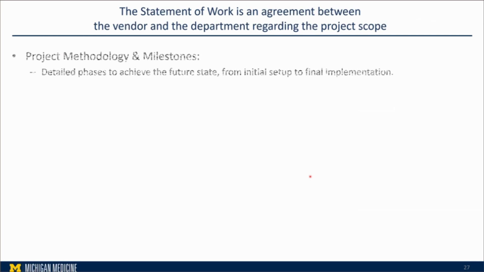The statement of work after that is really, really helpful, because it gives you the methodology, the milestones about the entire project, how many phases, and what the future state is.